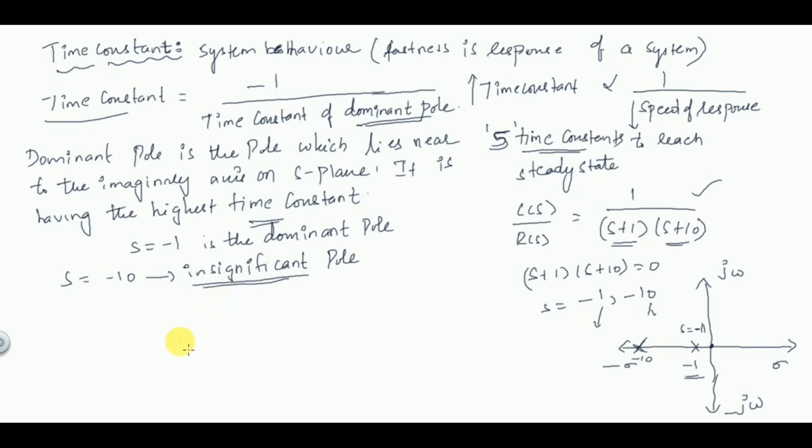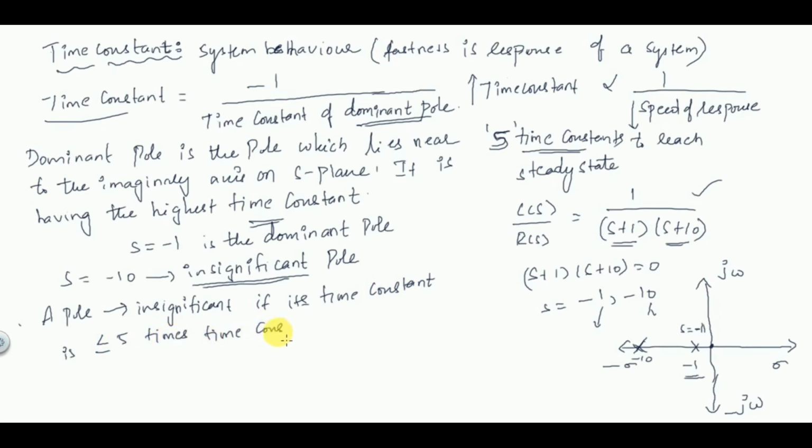A pole is said to be insignificant if its time constant is less than or equal to 1 by 5 times the time constant of the dominant pole.